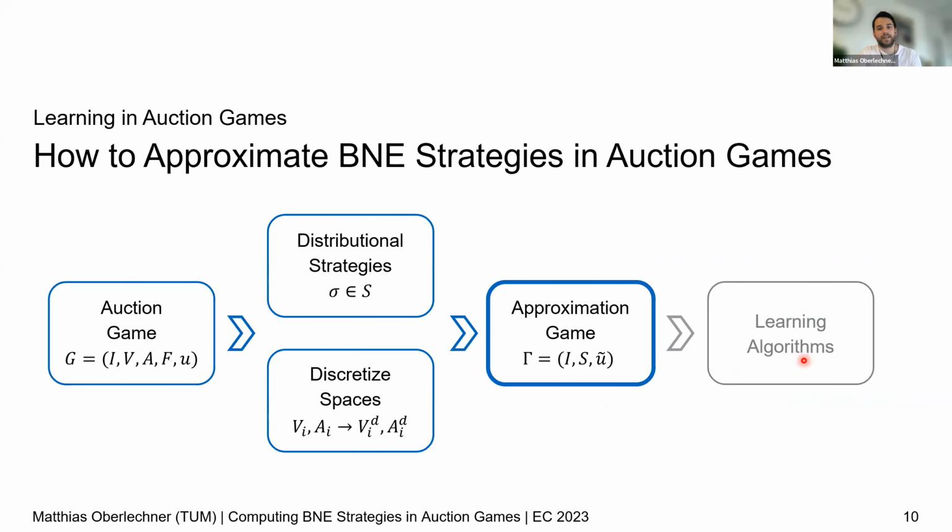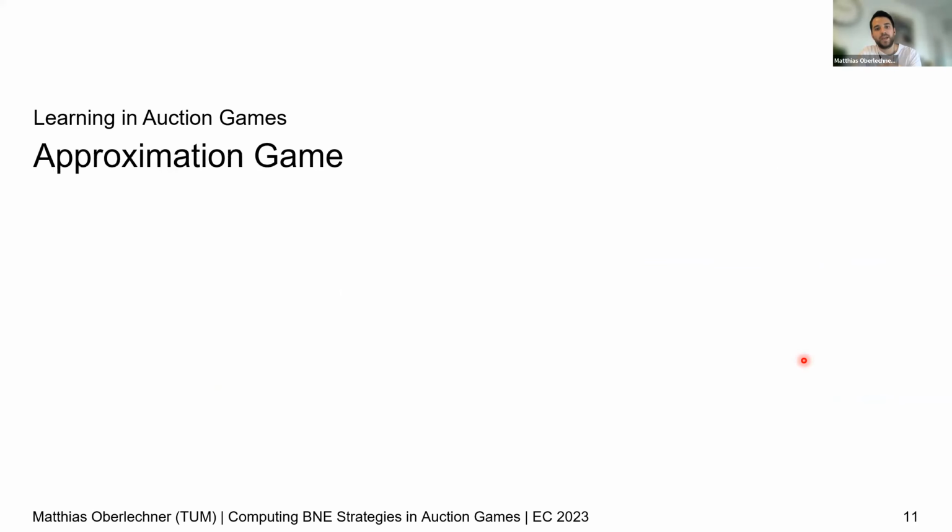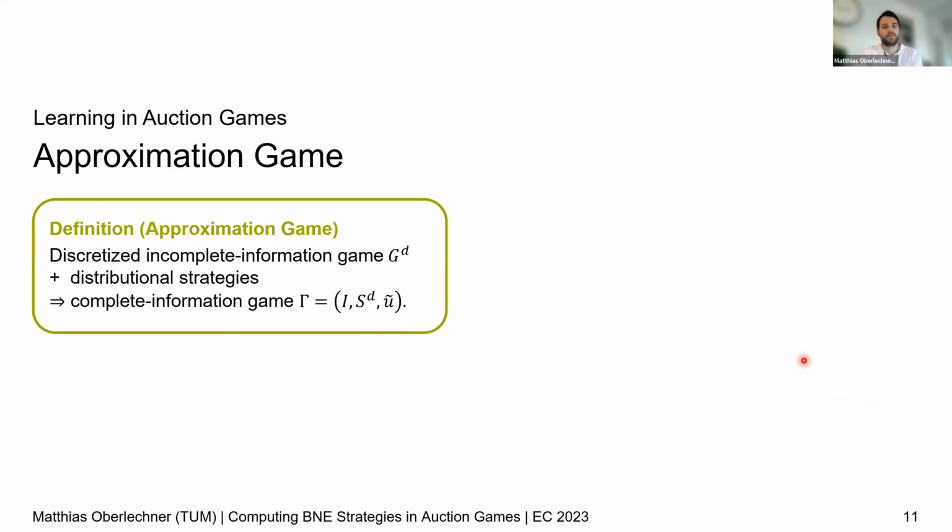Okay, and now if we combine these 2 approaches, we end up in an approximation game. So the discretized incomplete information game with these distributional strategies, or in that case, these discrete distributional strategies, define a complete information game, which we call the approximation game.